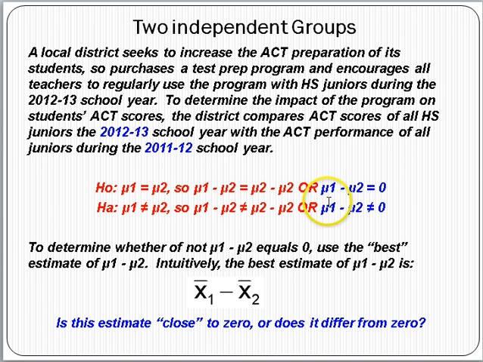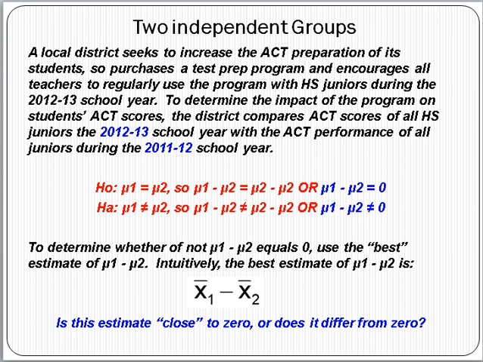This statement and the original statement are identical statements. Likewise, for the alternative, if mu1 does not equal mu2, then mu1 minus mu2 does not equal 0. So these are the hypotheses. You can state them in either form, but the computer uses these hypotheses in blue.